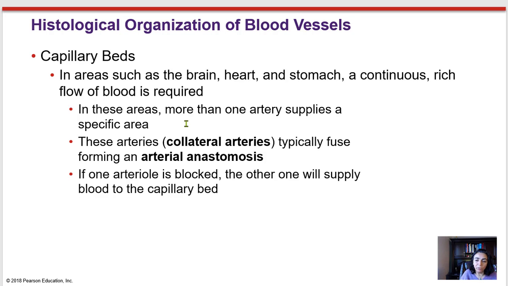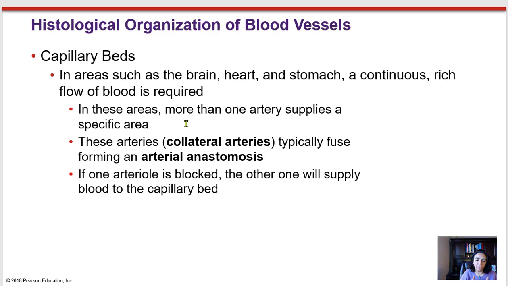So more than one artery is supplying a specific area, and the reason is that if one of those arteries is blocked, or for any reason blood cannot reach that area, the blood can reach it through another vessel.